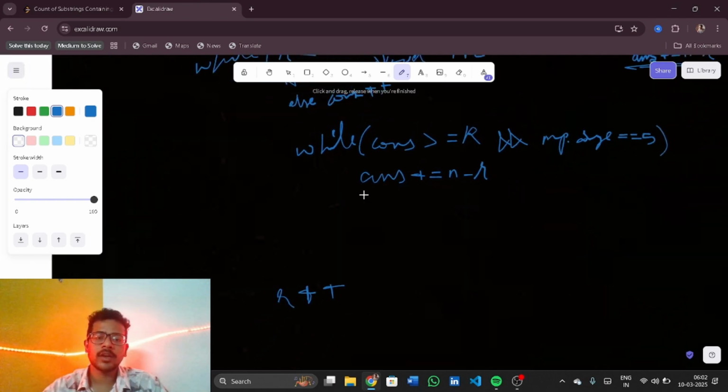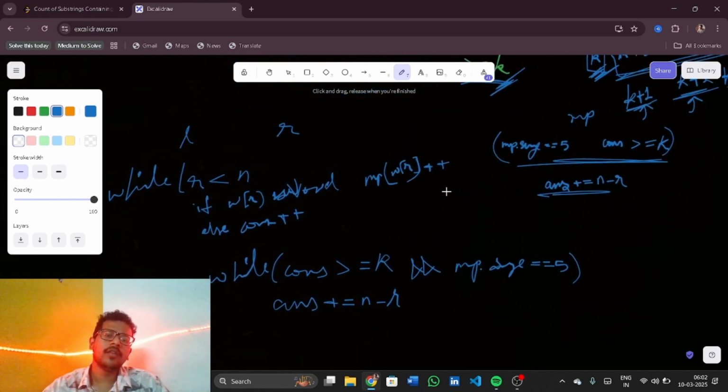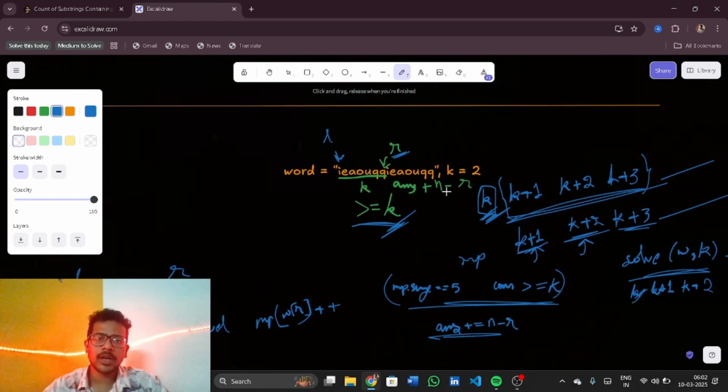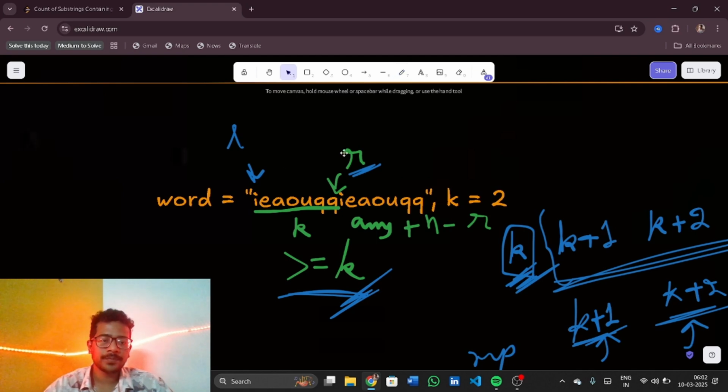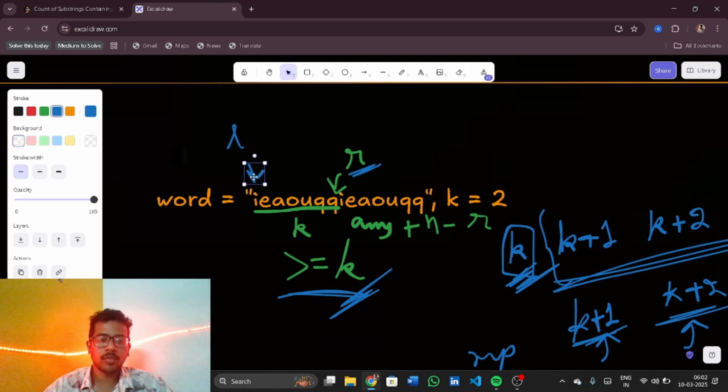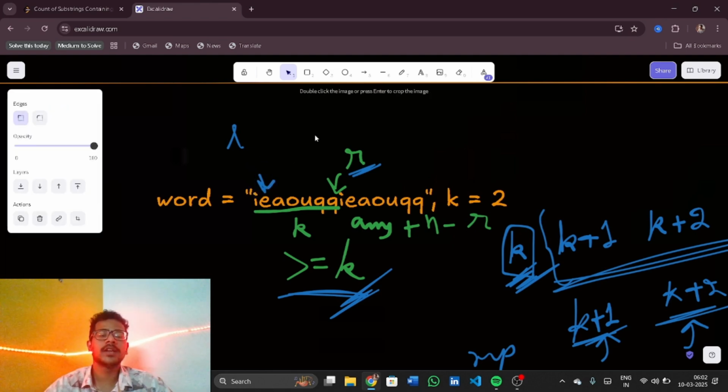Now, here I am incrementing my answer, but why am I not incrementing my left pointer? So let me go through this same example and find out when I need to increment my left pointer. Let me increment my left pointer to here. Let us see what happens now.